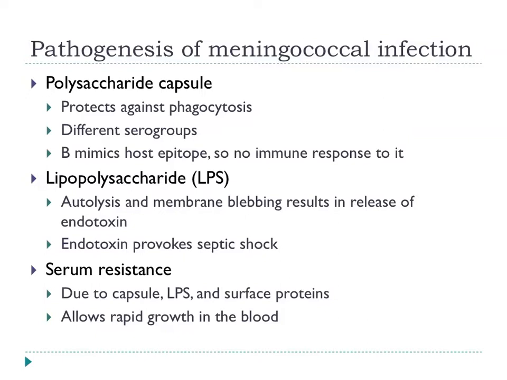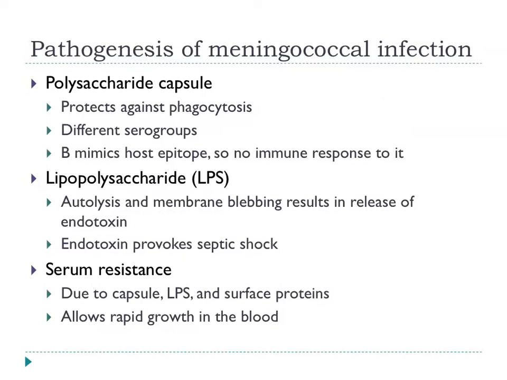Lipopolysaccharide, LPS, is also important. This is the endotoxin. It gets released, you get blebbing off of the outer membrane, and that endotoxin produces septic shock. So endotoxin is a key component of meningococcal sepsis. And then, like I said a few minutes ago, we have this idea of serum resistance. So the meningococcus is able to live in the blood.